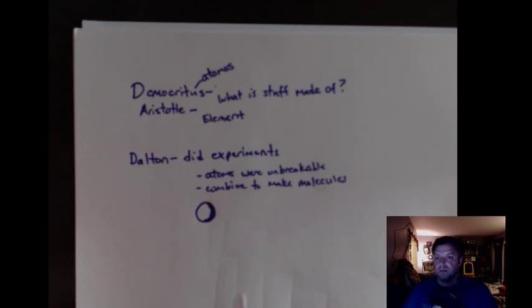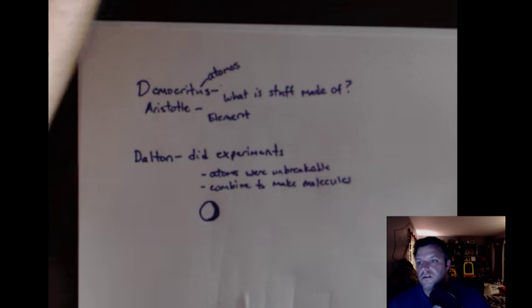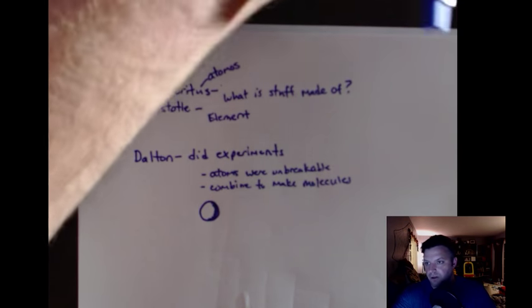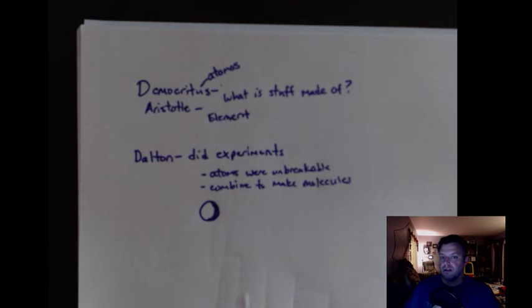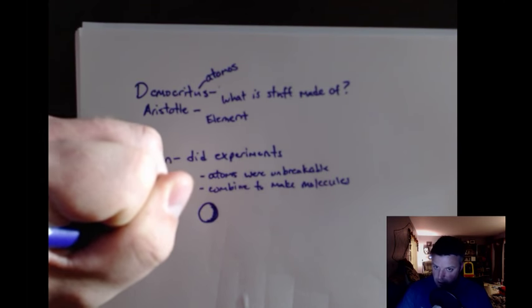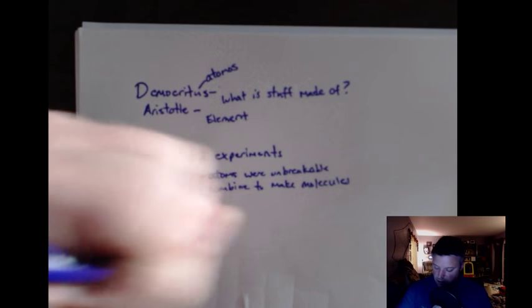Okay, once you get past Dalton, you have Thomson, and Thomson came up with the plum pudding model. All right, and J.J. Thomson, he discovered the electron.